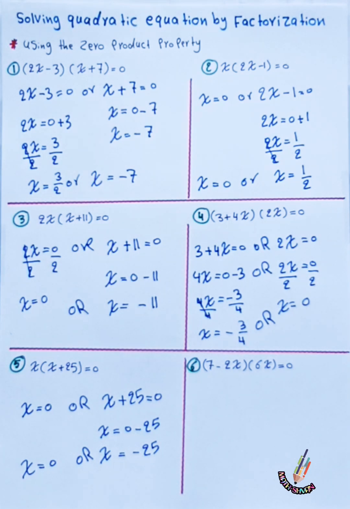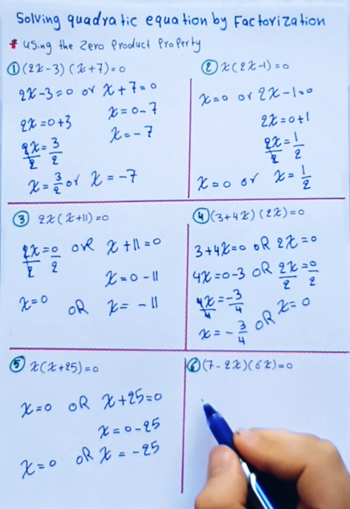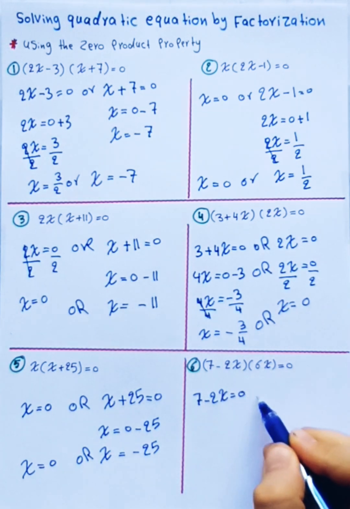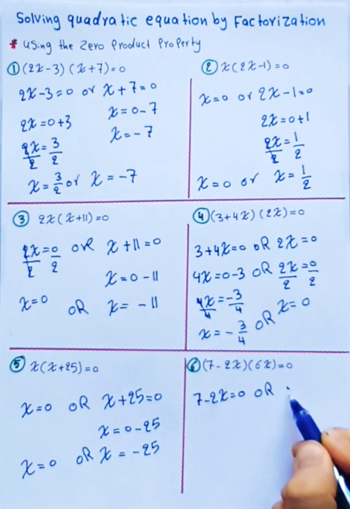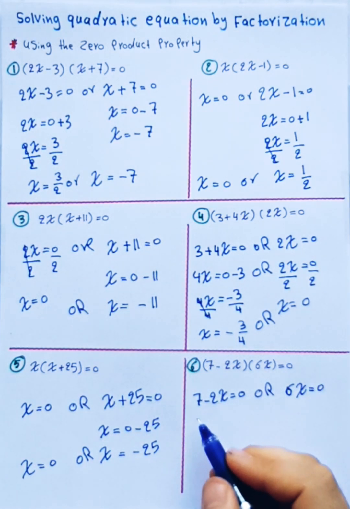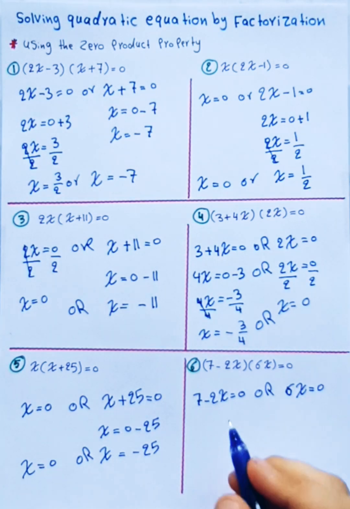Example number 6, we have (7 minus 2x) multiplied by 6x equal to 0. The first equation, we have 7 minus 2x equal to 0, or 6x equal to 0. And then you have to change the place of 7 to the right side.